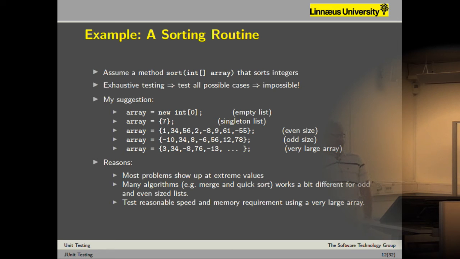or just size 1. So test all extreme cases, test a few standard cases, and maybe just for performance issues, test a very large array to see that it doesn't collapse at this size. So I would say something like this. We only need 5 different tests.